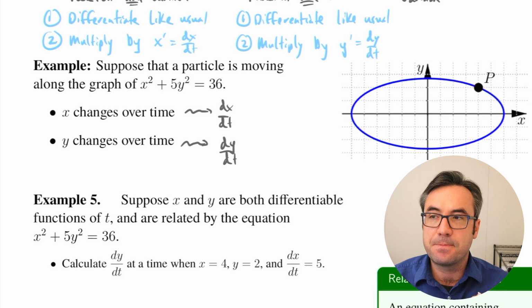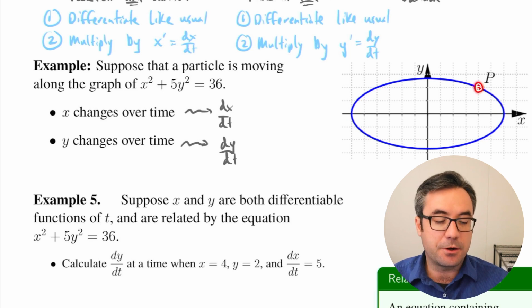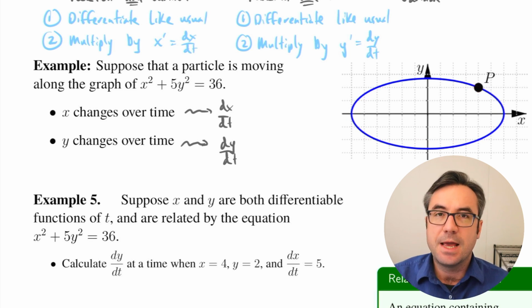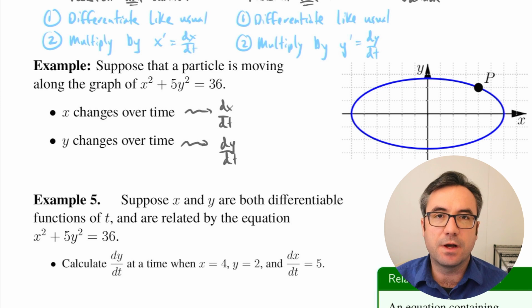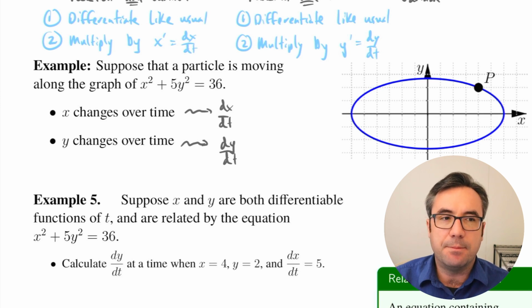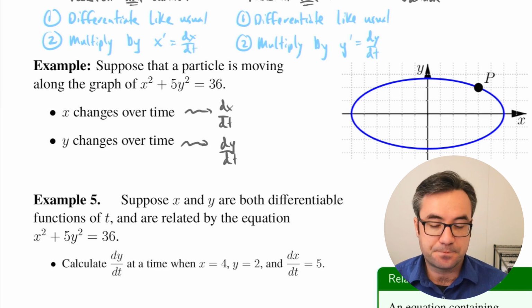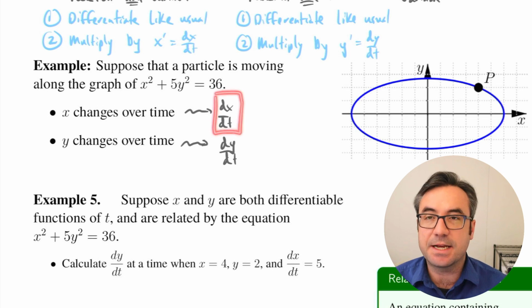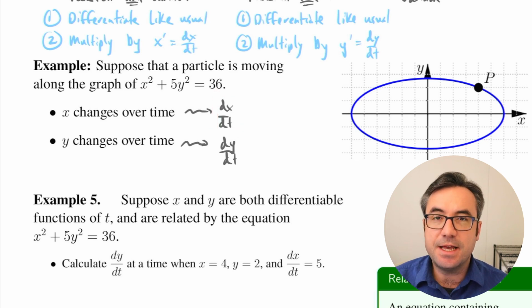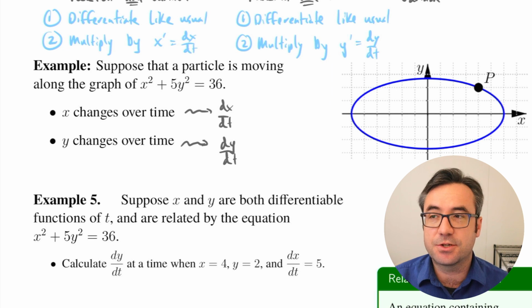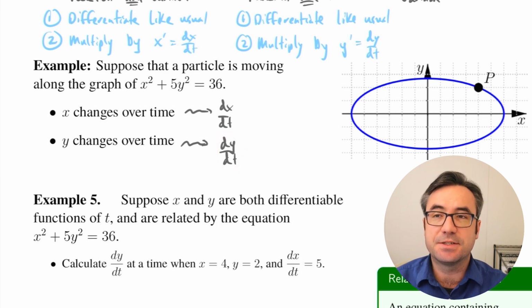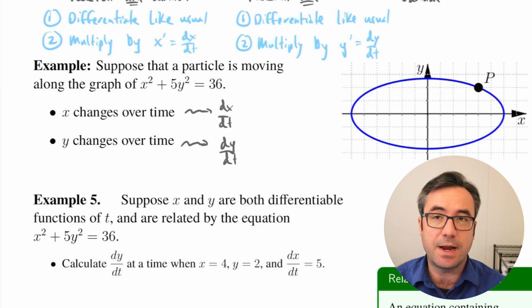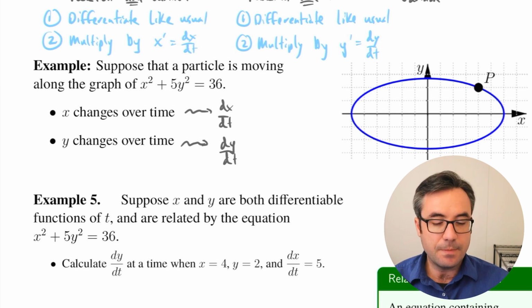It's an ellipse, and we have our particle at some point, and this particle is moving along this ellipse. What dx dt tells us is the velocity in the x direction, and the derivative dy dt tells us the velocity in the y direction.